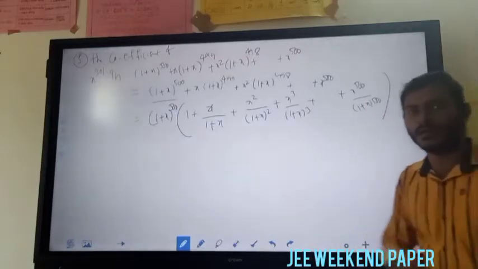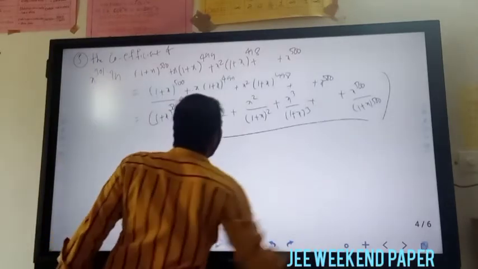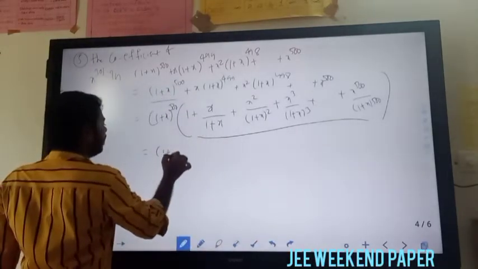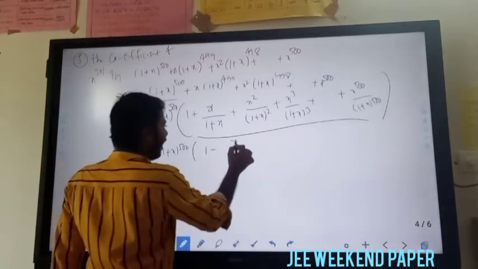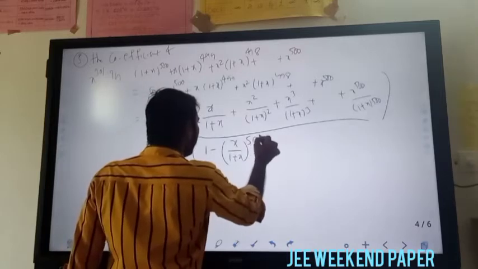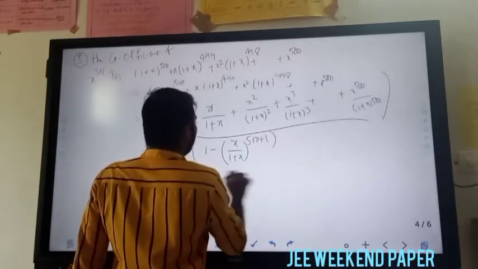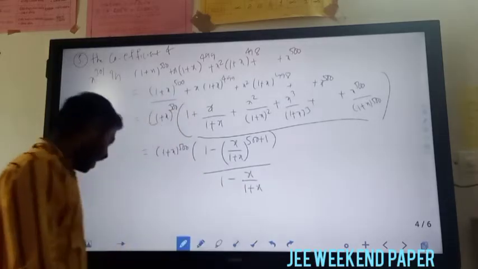When you take 1 plus x whole power 500 common, it can be written simply as 1 plus x whole power 500 into 1 minus x by 1 plus x whole power 500, plus 1 by 1 minus x by 1 plus x.